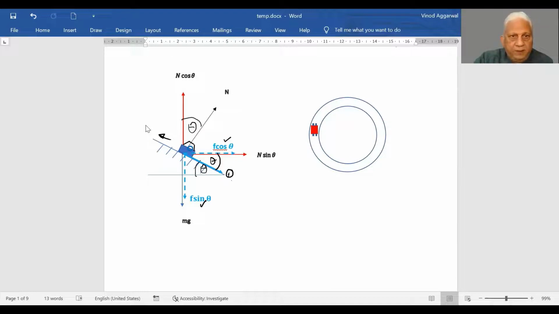Similarly, this normal we resolve into two components, a vertical component which is N cos theta, and a horizontal component N sin theta, right?